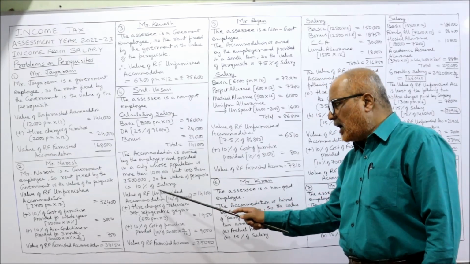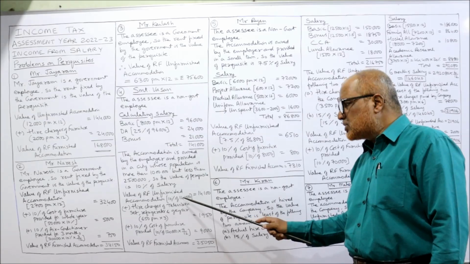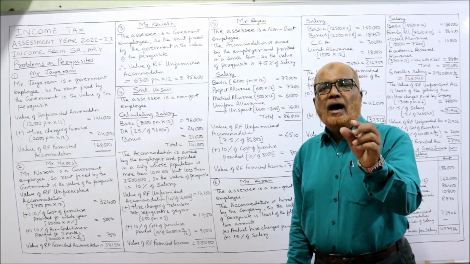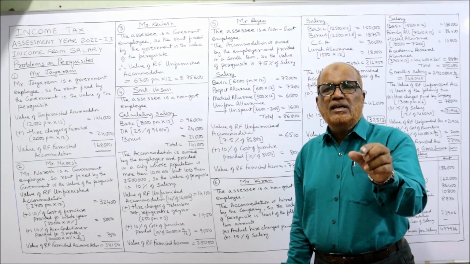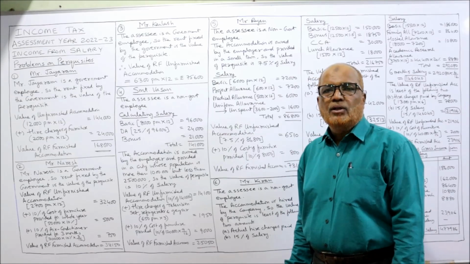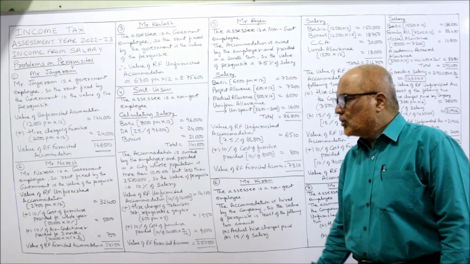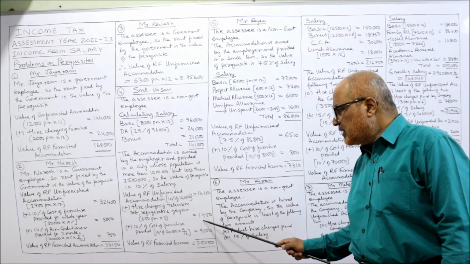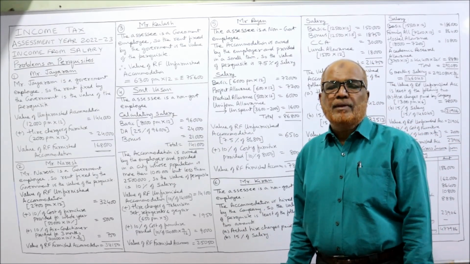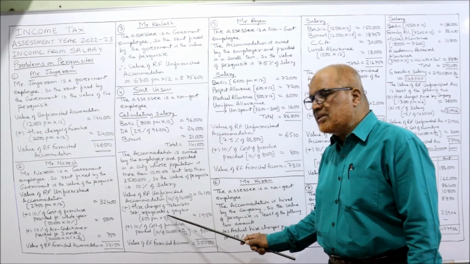The value of rent-free unfurnished accommodation, 10% of 1,41,000, 14,100. To this we add the hire charges of geyser, refrigerator provided for the first 3 months. So how much hire charges? 650. So 650 into 3, 1950. Later, for remaining 9 months period, out of 12 months, first 3 months we have taken.